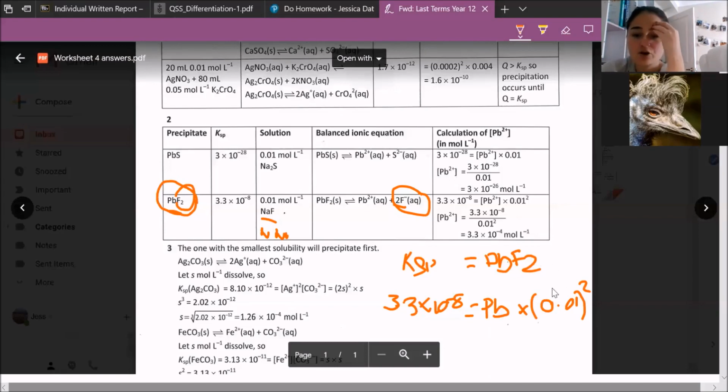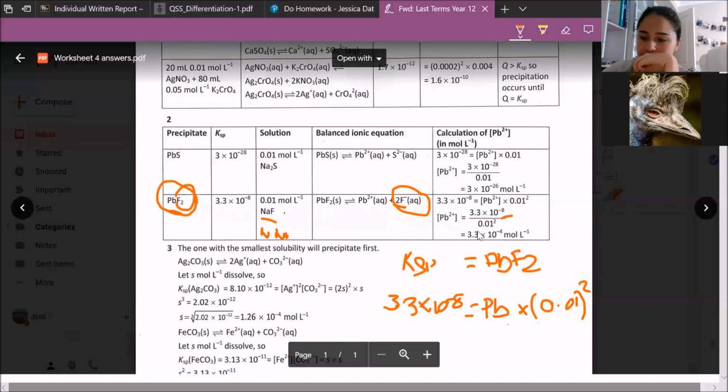Yep. So this situation, you've got your Ksp equals your precipitate, which is PbF2. We're trying to find Pb. So the only thing we can do is the 0.01, which is the solution we've been given here of NaF, we need to square it. Yep. Perfect. So as last time, in order to find Pb, we need to make Pb the subject of the formula. So you would do, as you can see right here, your Ksp divided by 0.01 squared.